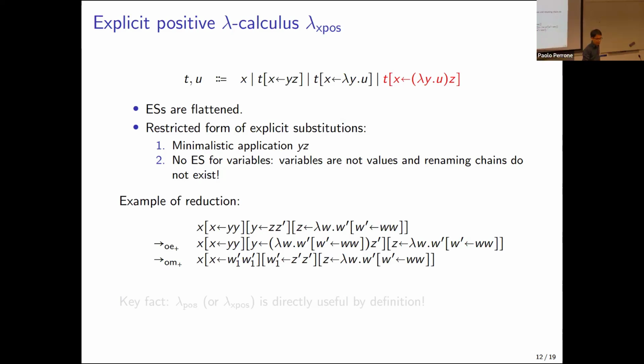And this will give us some very good rewriting properties. And a key fact about these two calculi, the calculus and its explicit variant, is that they are all directly useful by definition, because this is how we define a redex. So every time we do this substitution, it definitely creates a useful redex.